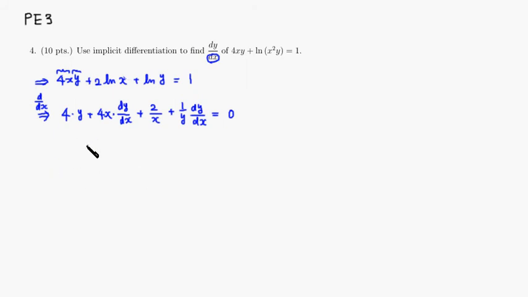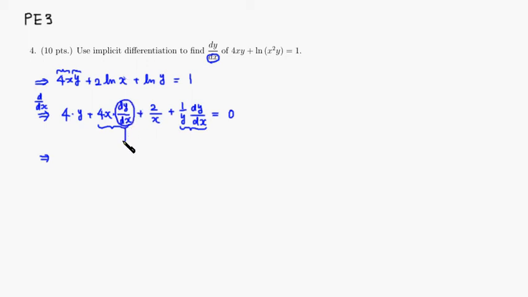Then I'm going to keep the terms with dy over dx in them, since we are looking for that. So this term I'll keep, and this term I'll keep. Since these two both have dy over dx, I'm going to factor it out.